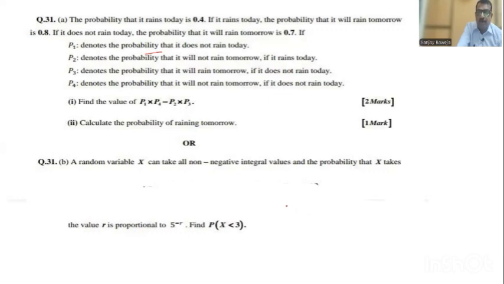So 31 part A, I am answering. We start like this. Rains today, does not rain today. There are two possibilities. And for each of them, there are two more possibilities.